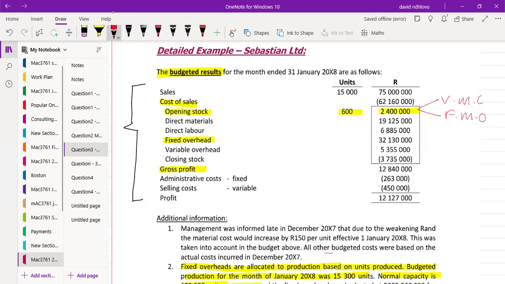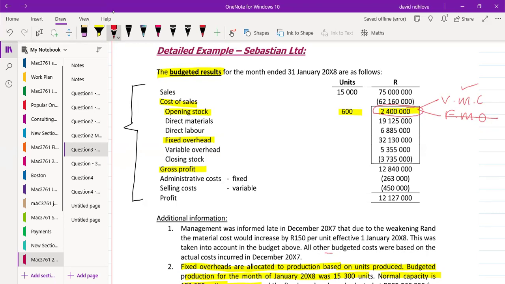But we know that based on the variable costing system, we should not be including that. So we need to remove the fixed manufacturing overhead cost from that particular figure so that we remain with what is appropriate for a variable costing system, which is the variable manufacturing costs. So that's the first thing, of course, when you deal with this question that you've got to clear. Otherwise, you will have a problem if you are not understanding that one.